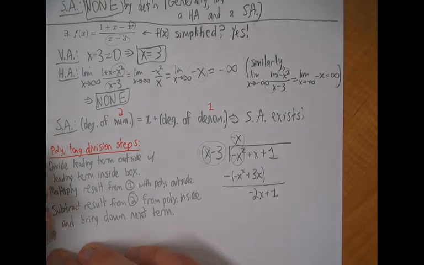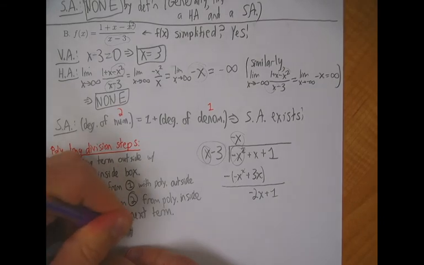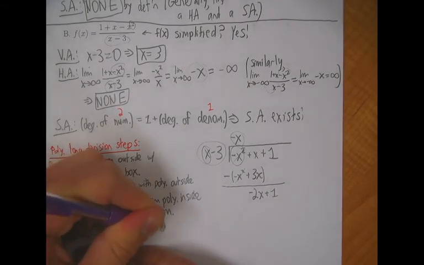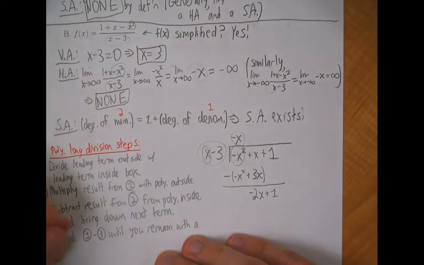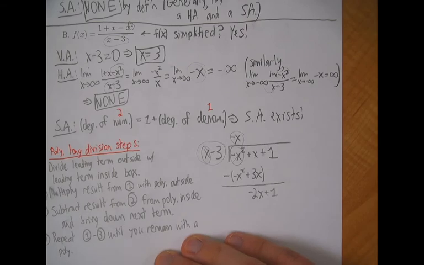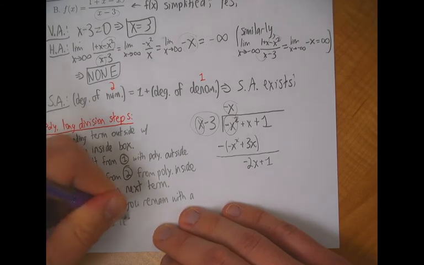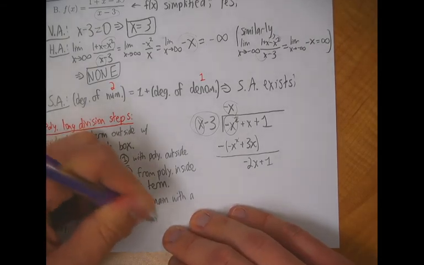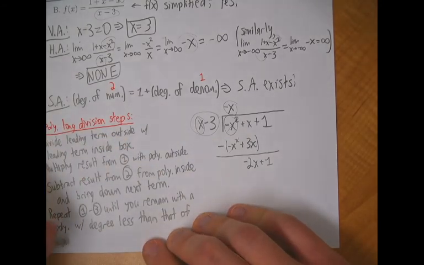Repeat steps 1 through 3 until you remain with a polynomial with degree less than that of the outside polynomial.